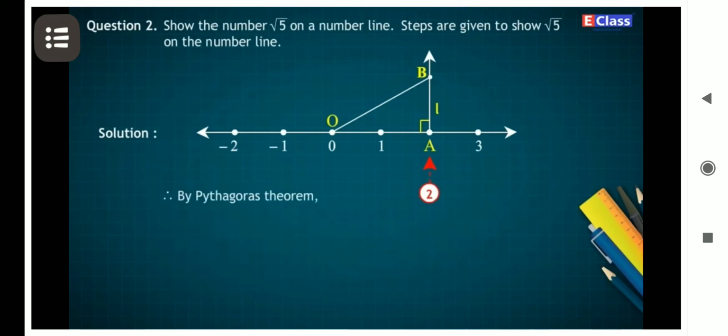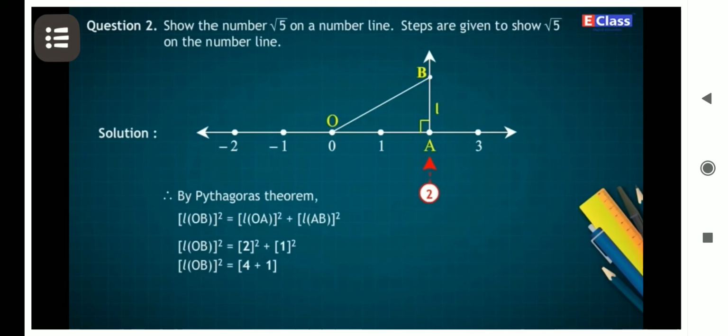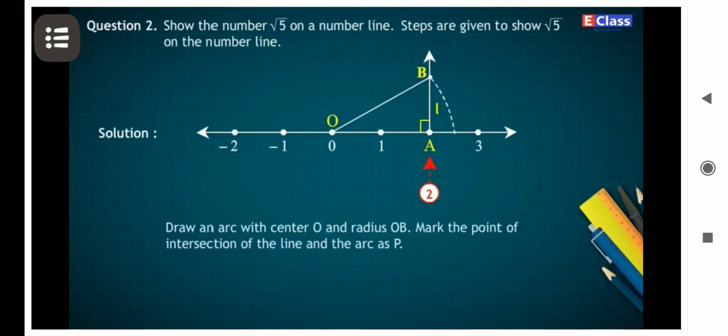Therefore, by Pythagoras theorem, square of length OB is equal to the square of length OA plus the square of length AB. Replacing the value and solving it, we get the length of OB as the square root of 5. Draw an arc with center O and radius OB. Mark the point of intersection of the line and the arc as P. The point P shows the number square root of 5.